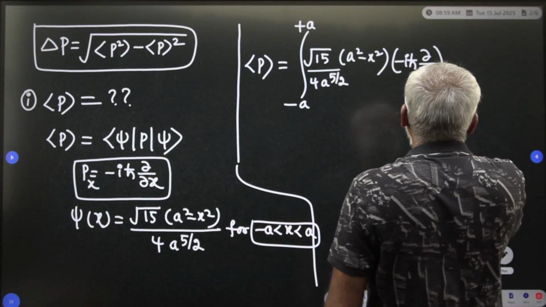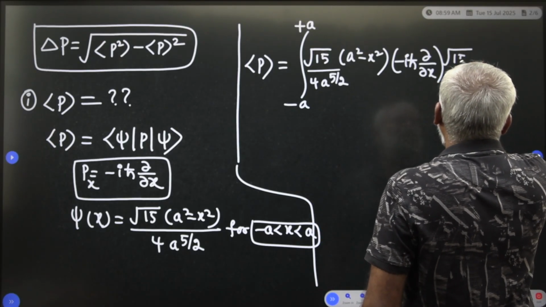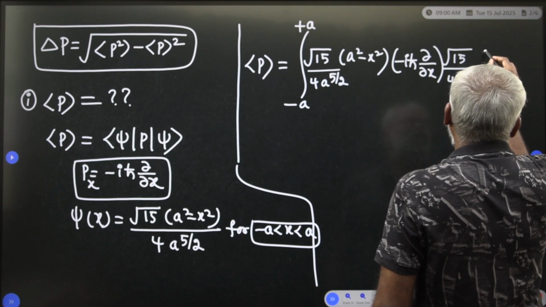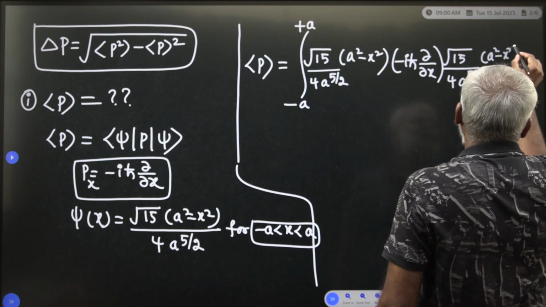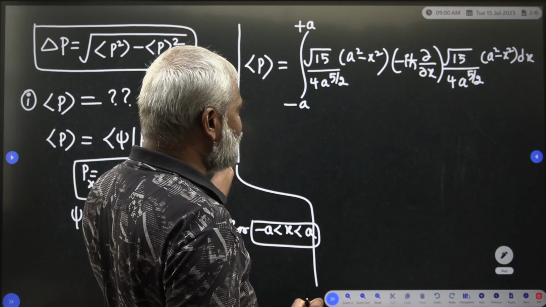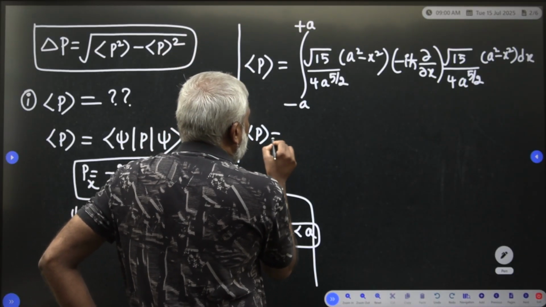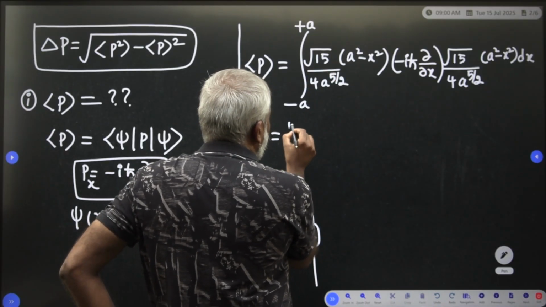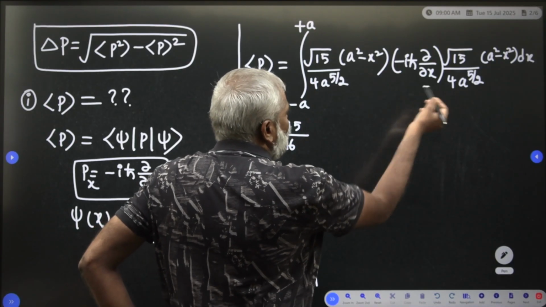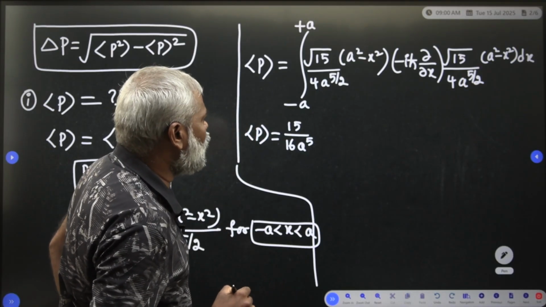Again ket psi is equal to root 15 divided by 4 into a to the power of 5 by 2 into a square minus x square, into dx. This is the substitution in terms of the integral representation. Therefore the expectation value of p is equal to root 15 into root 15, which is 15, over 4 into 4, which is 16, a to the power of 5 by 2 into a to the power of 5 by 2, a to the power of 5.